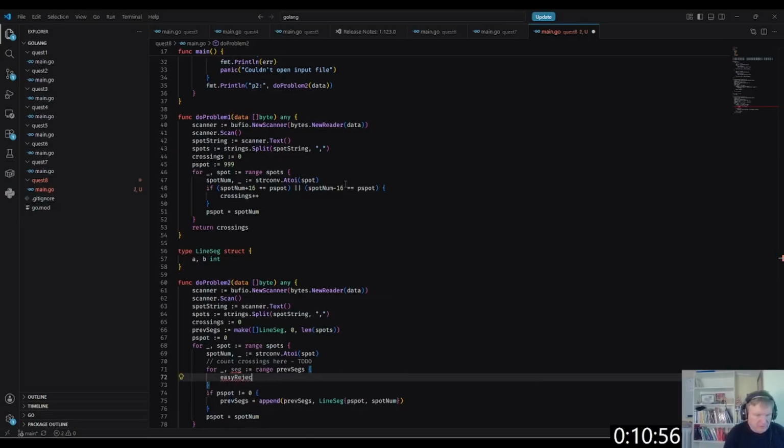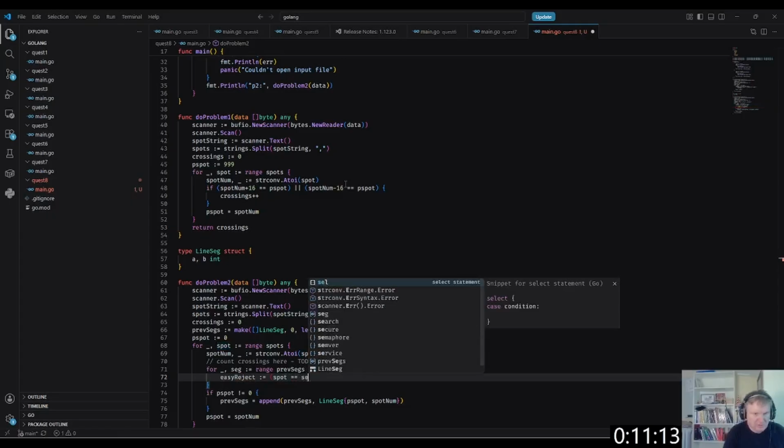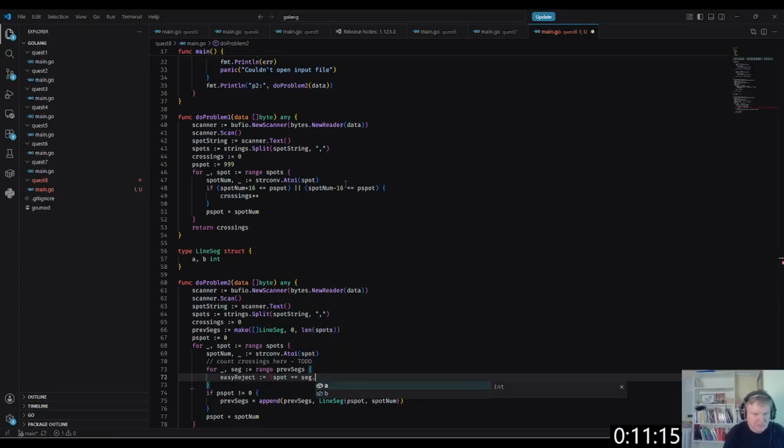Easy reject spot equals seg dot a or spot equal not spot spot num.